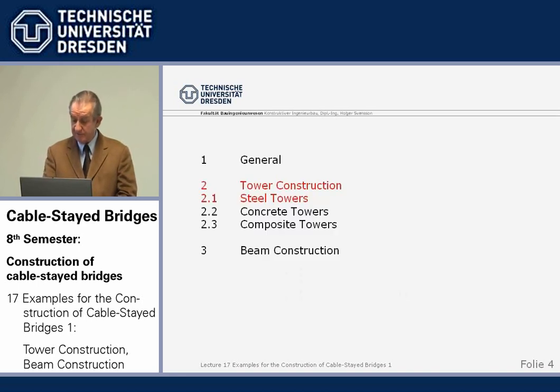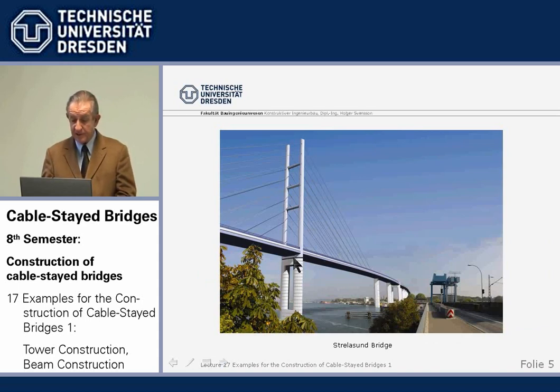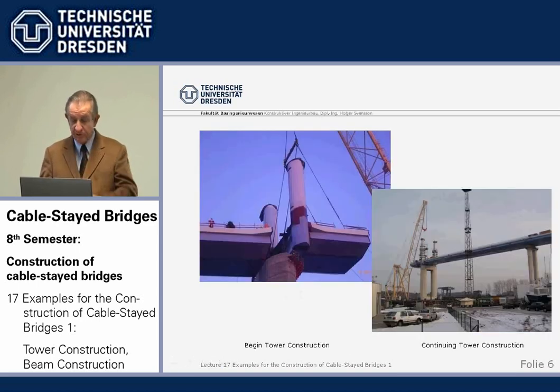In this case, we have a steel tower on top of a concrete pier, and this steel tower was pre-assembled in pieces. The bottom part was connected to the first part of the beam, and this part of the structure was lifted in one piece up onto the concrete pier.